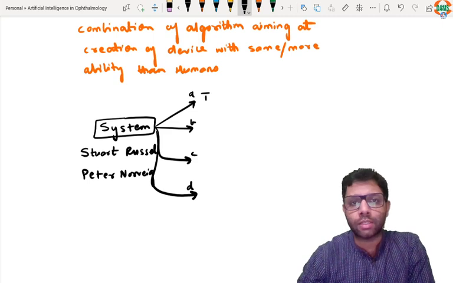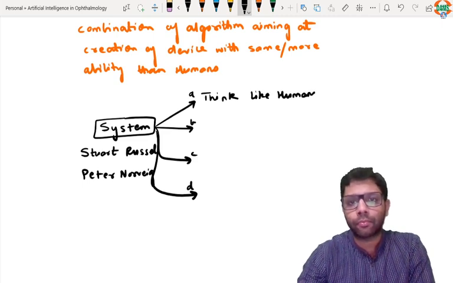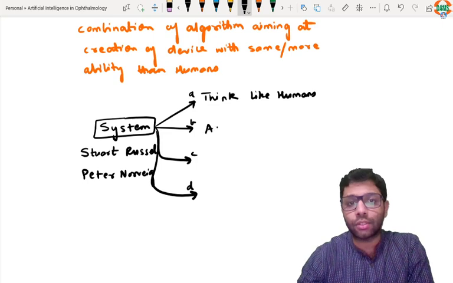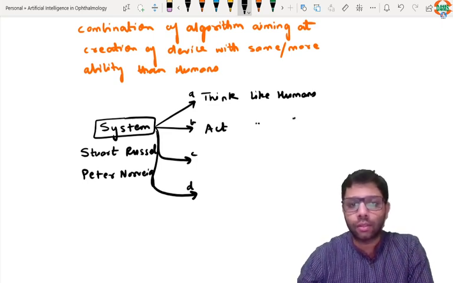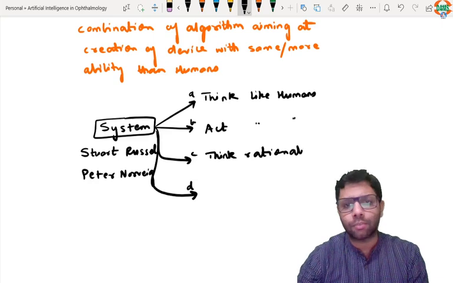The first system, they said, is that the AI should think like humans. Second, a system that should act like humans. Third, a system that thinks rationally.